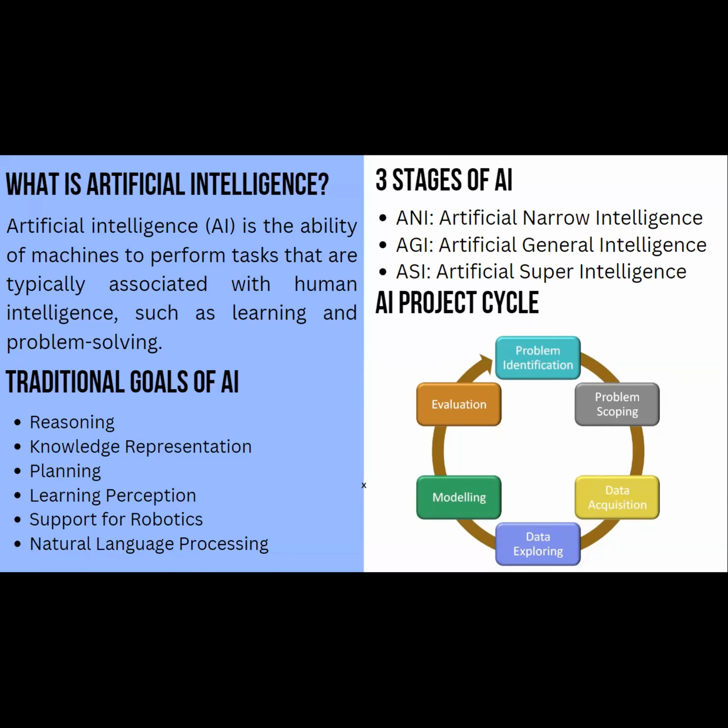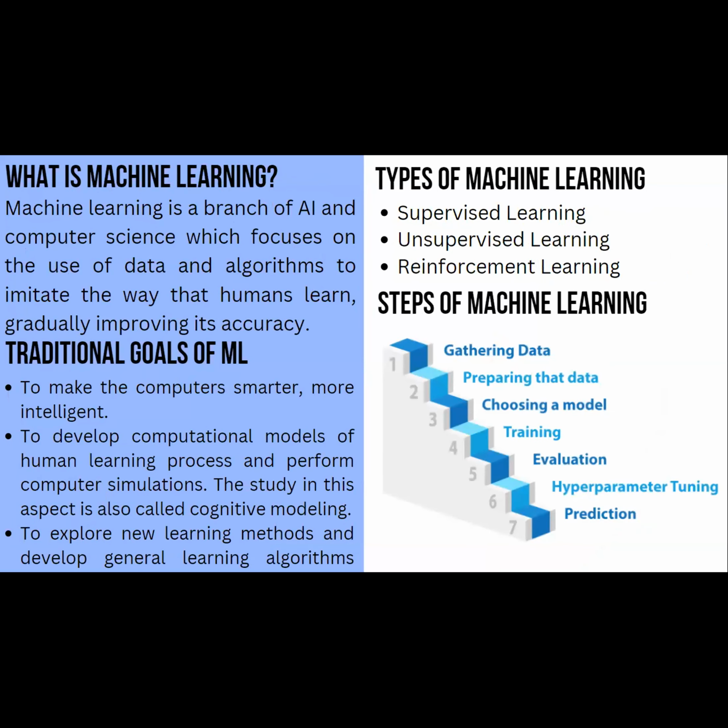So AI, and next is machine learning. Now, as the human brain learns from the surroundings, from the experience, we want our machines to do the same. So machine learning is a branch of AI. AI is an umbrella term in which one of the terms is machine learning, and computer science, which focuses on the use of data and algorithms to imitate the way humans learn and keep on improving the accuracy.